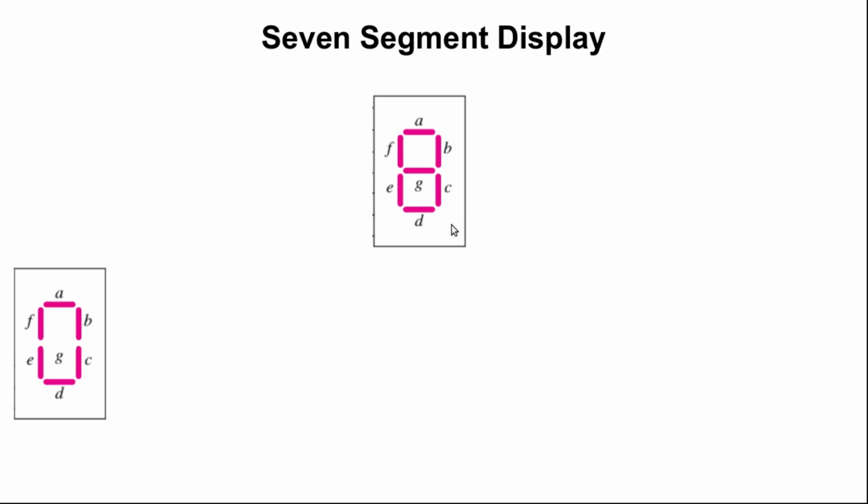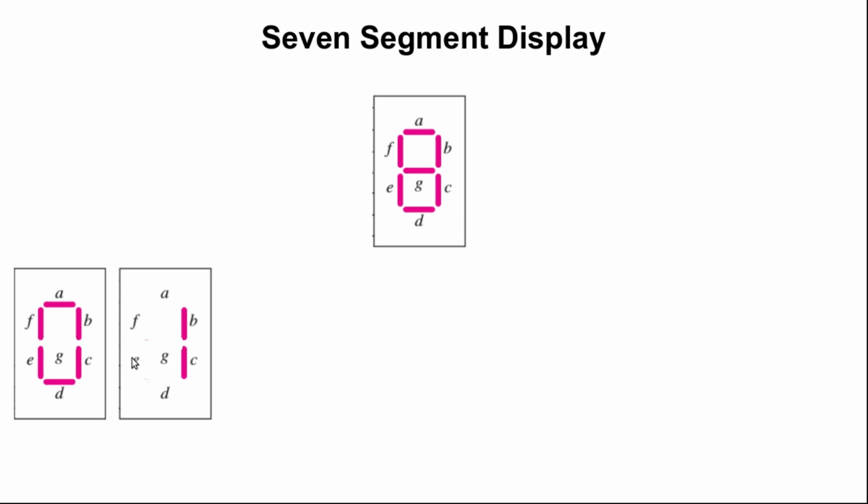Now we can see here how the different LEDs can be turned on or off to represent different decimal digits. For example, here the LED G is turned off and the other LEDs are turned on, and it would result in the decimal digit 0 being displayed.